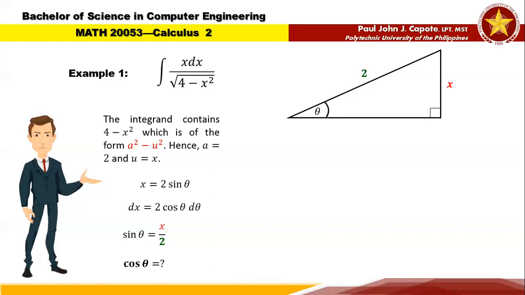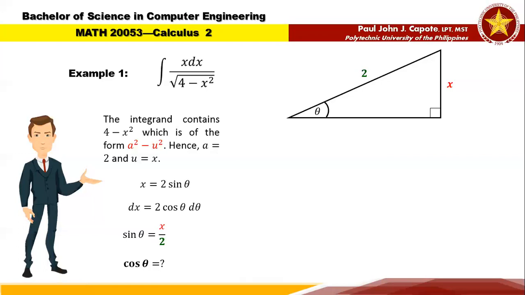Now, given this right triangle here, we are going to solve first for the measure of the adjacent, so we can find the equivalent expression for cosine theta.